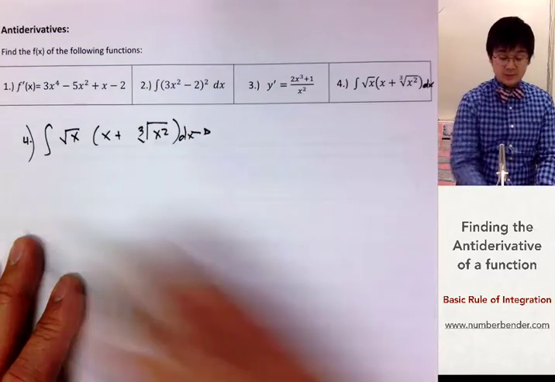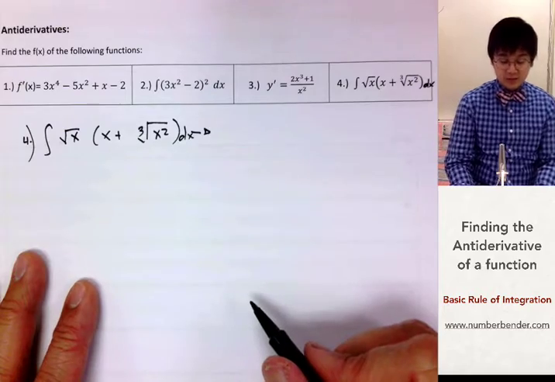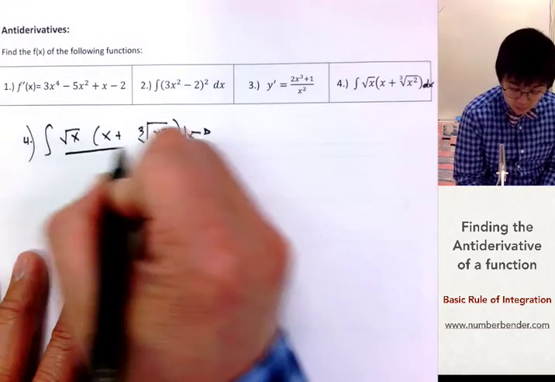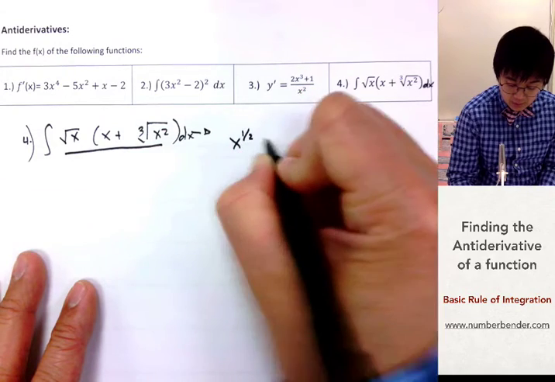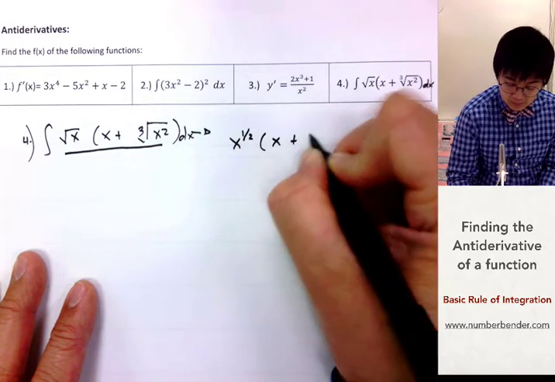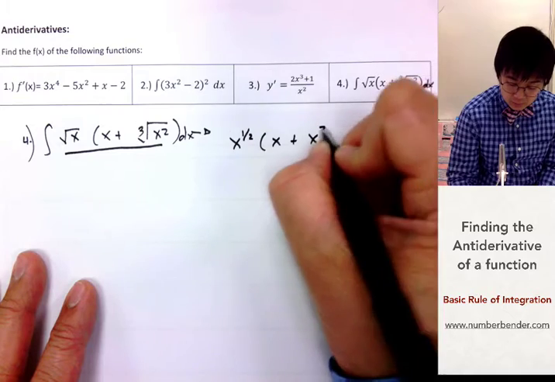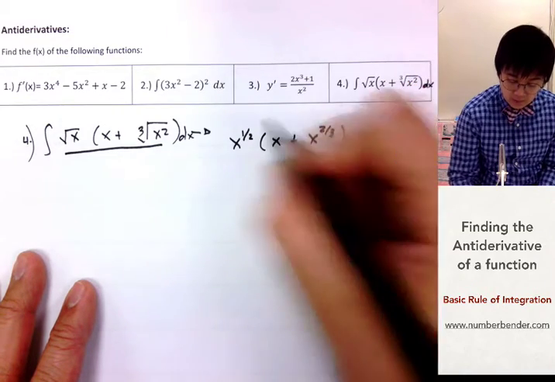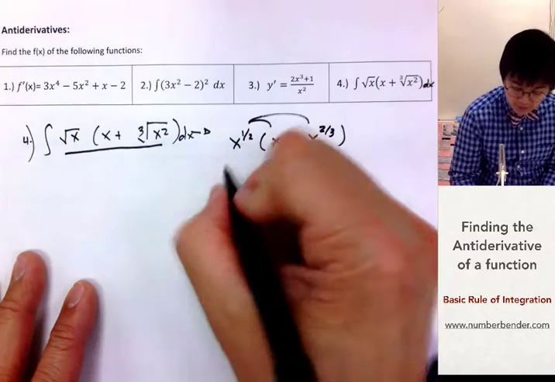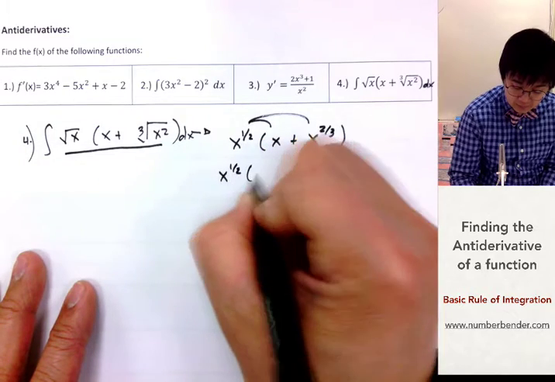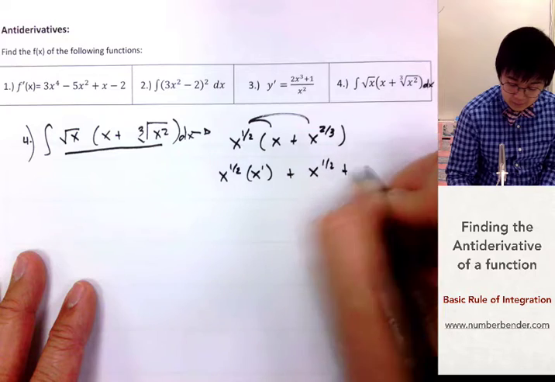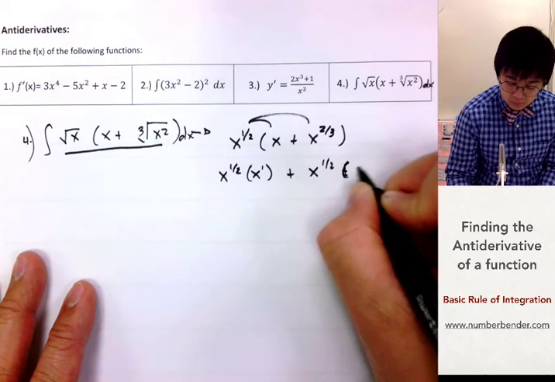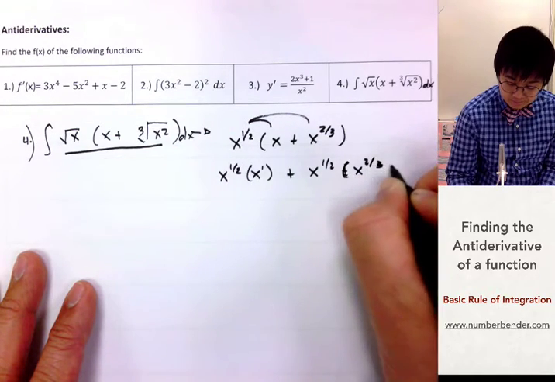By modifying the function, we are going to use the law of exponents and change this into x raised to 1/2 times (x plus x raised to 2/3). By the distributive property, we have x to the 1/2 times x to the 1 plus x to the 1/2 multiplied by x to the 2/3.